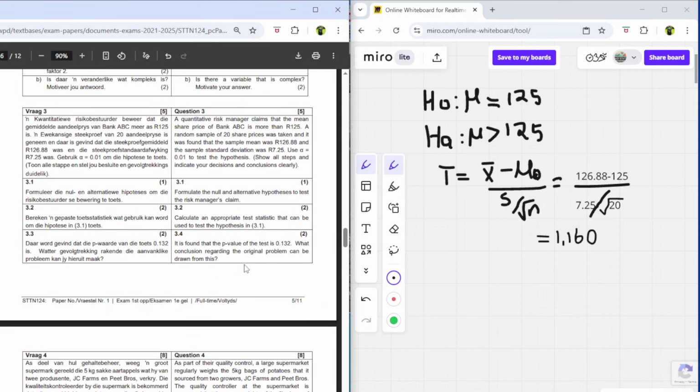Then 3.3, actually, it is a mistake, it is supposed to be 3.4. You see here they said 3.3, but here they wrote 3.4, so it's a mistake here. It is found that the p-value of the test is 0.132.